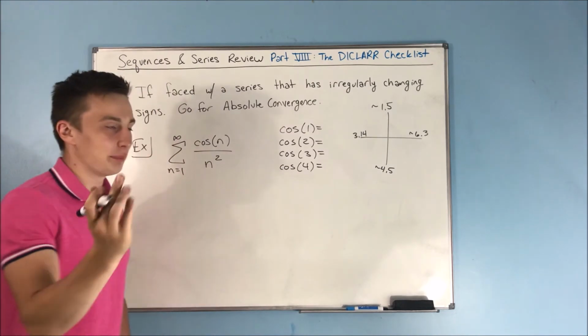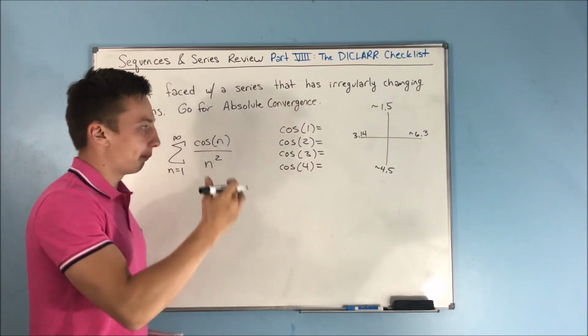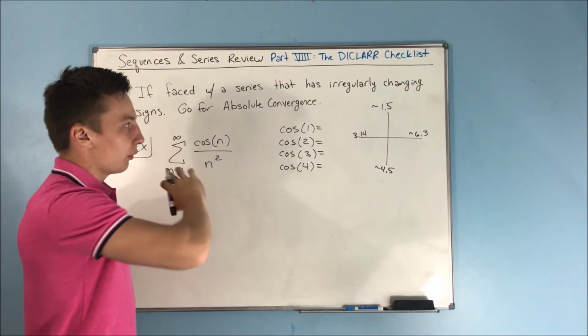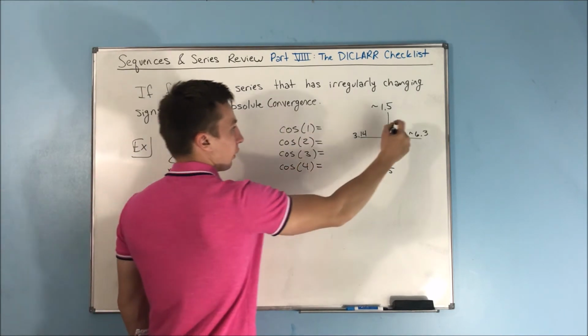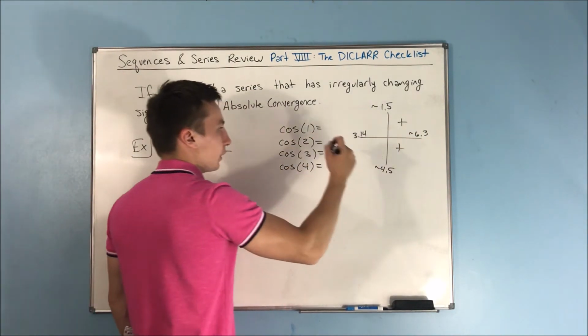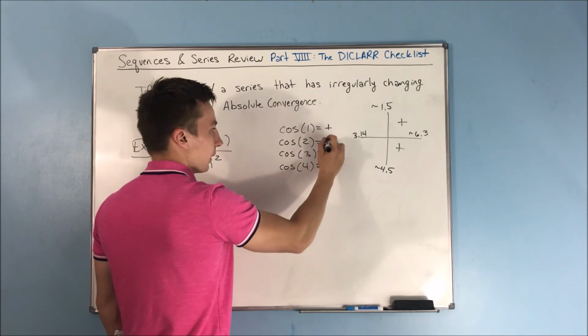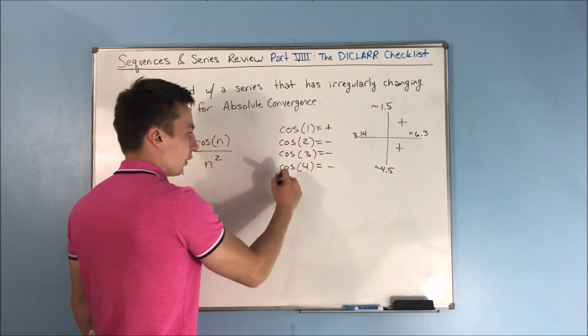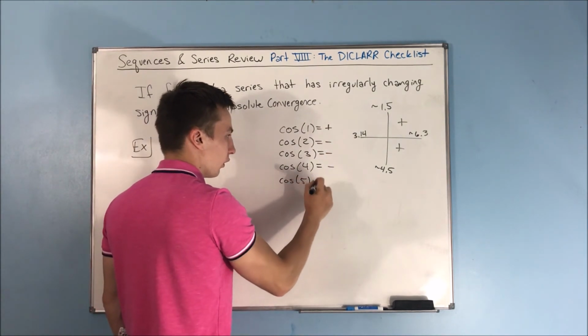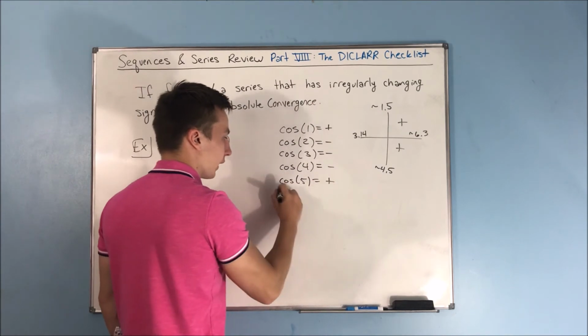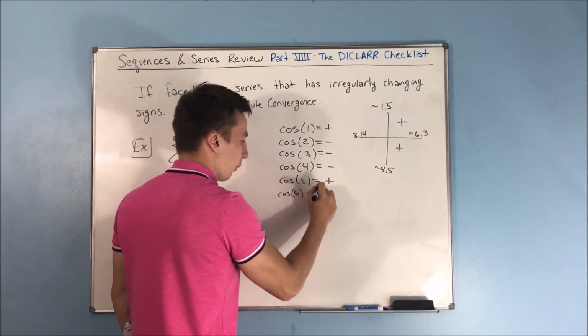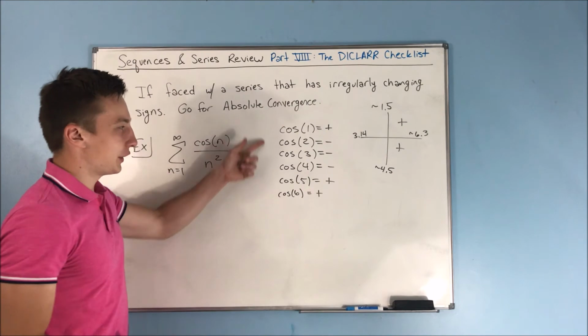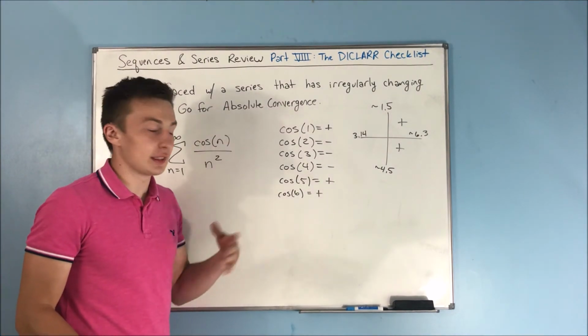I'm just putting numbers within the general vicinity, but now the cosine's positive here and here, so this is going to be positive, this will be negative, negative, negative, and cosine of 5 will be positive, and cosine of 6 will be positive. And you can see that it's not alternating, it's not all positive or all negative.